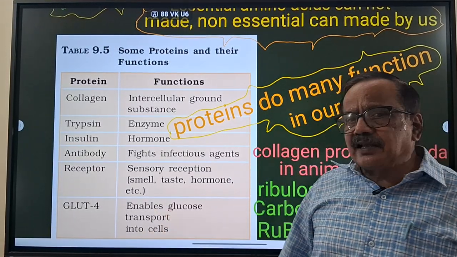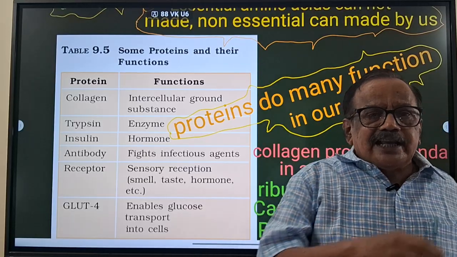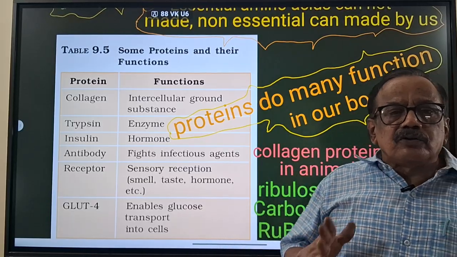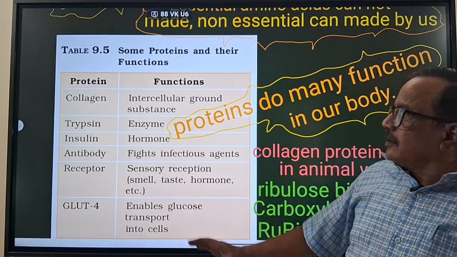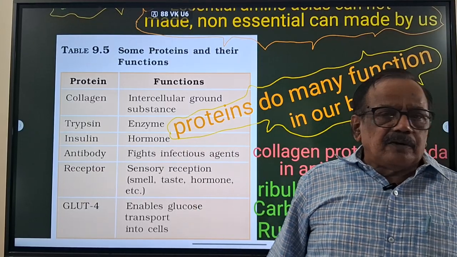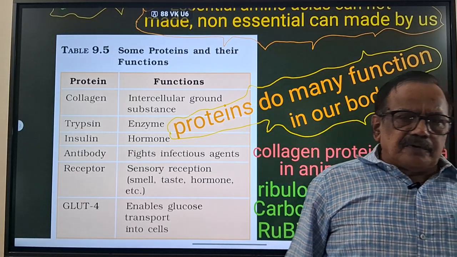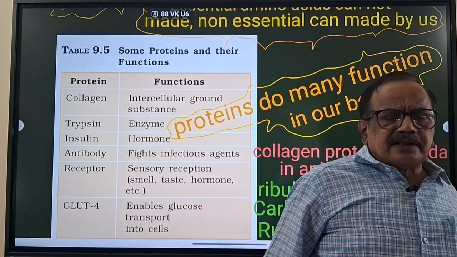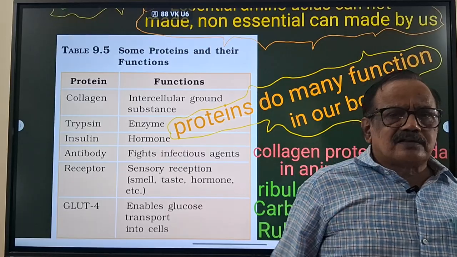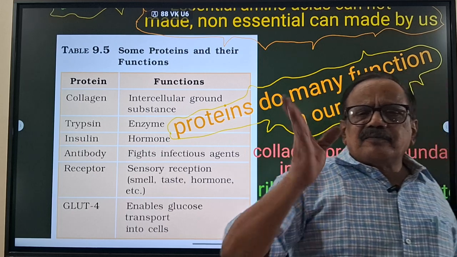GLUT4 is the protein that makes the channel for the entry of glucose into the cell. These are the tables in biomolecules. Every 10 or 15 days, monthly, twice or thrice, we have to read them once. When you are practicing, it will become very easy.